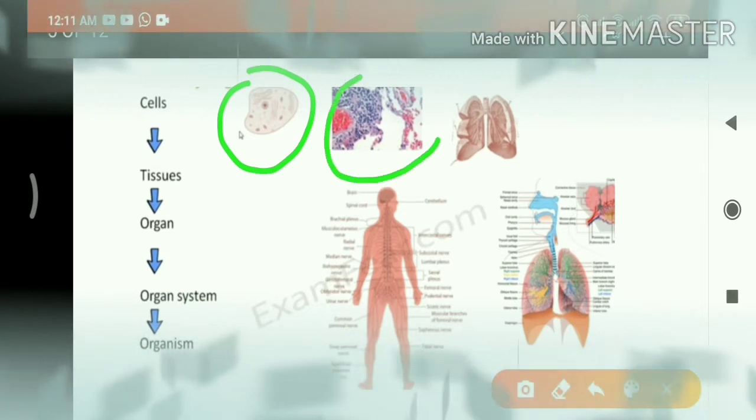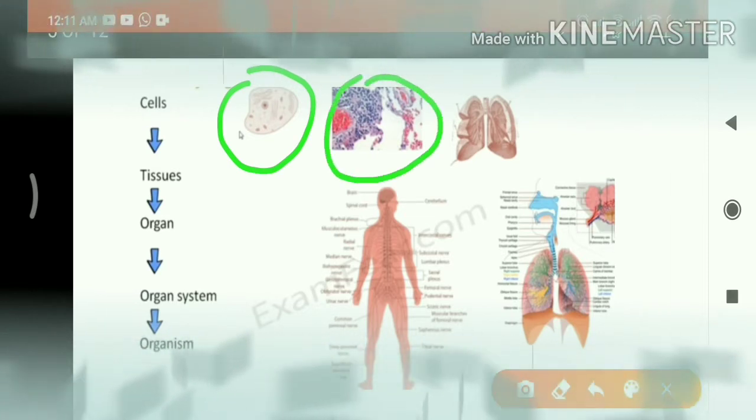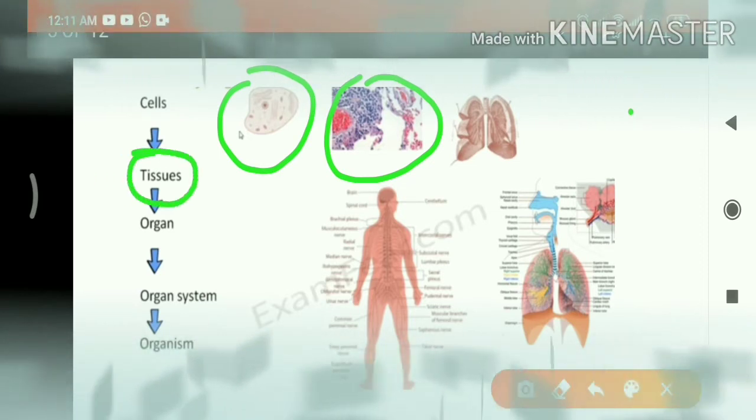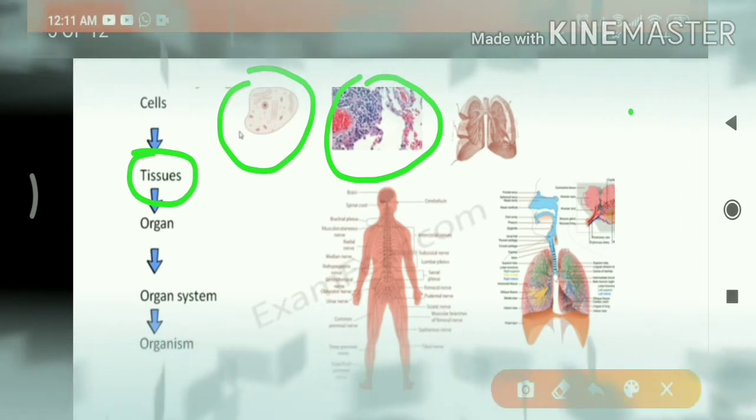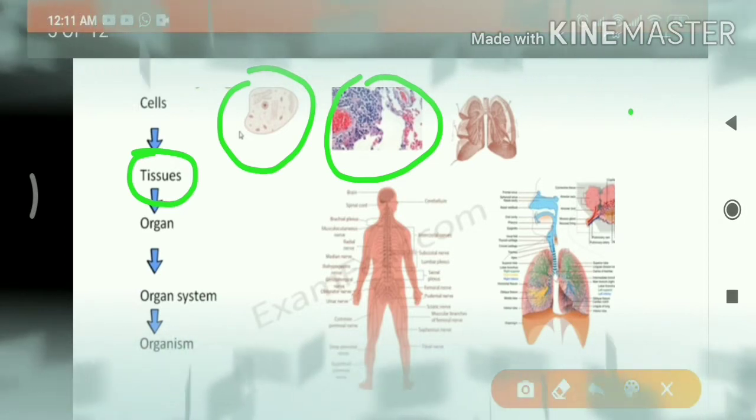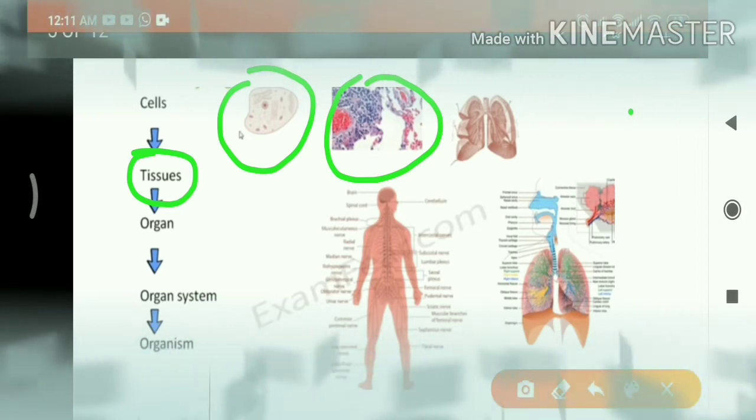This is a simple animal cell, right? These cells are grouped together to form the next level. What is the next level? The next level is tissues, right?